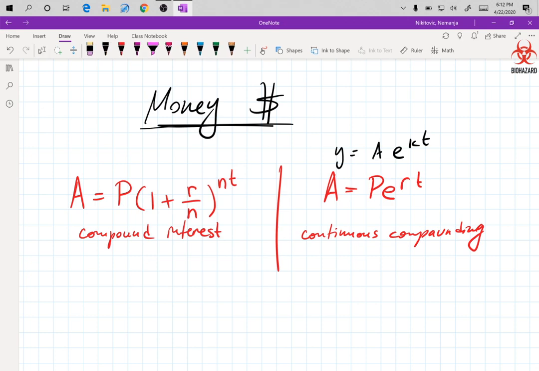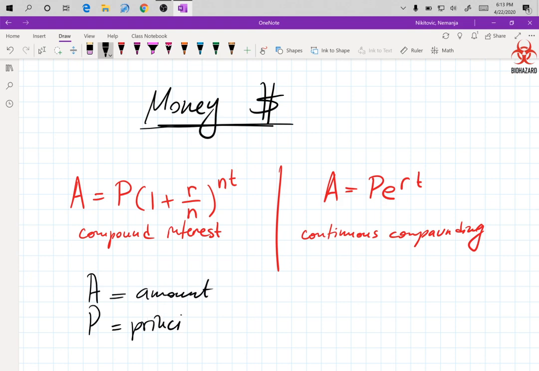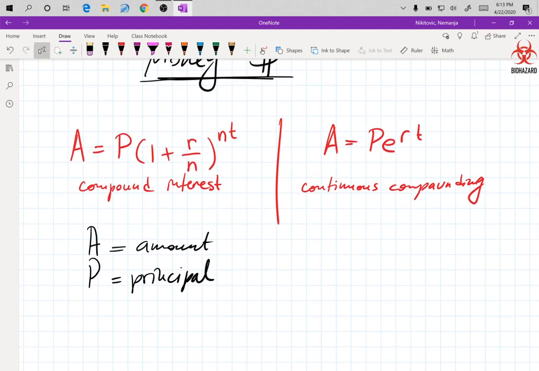It just has different letters for variables, because we are going to have these variables as A is the amount, P, principal. That's the money that you borrow or money that you lend, depending which way the transaction goes. R is rate. Rate is given in percent.